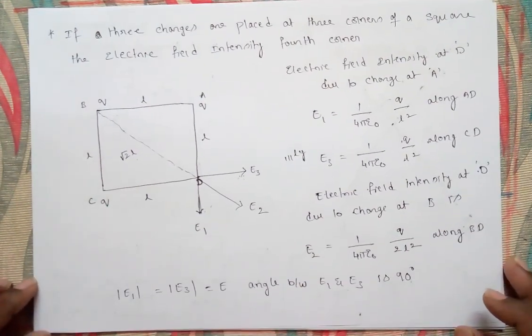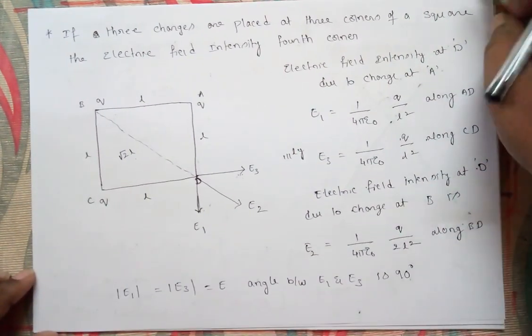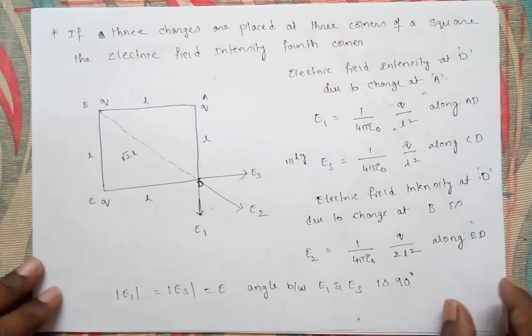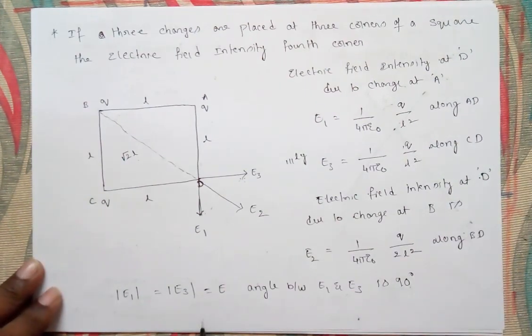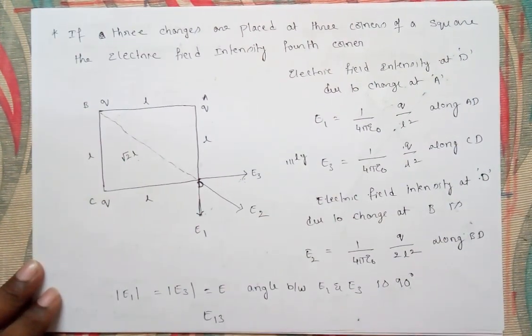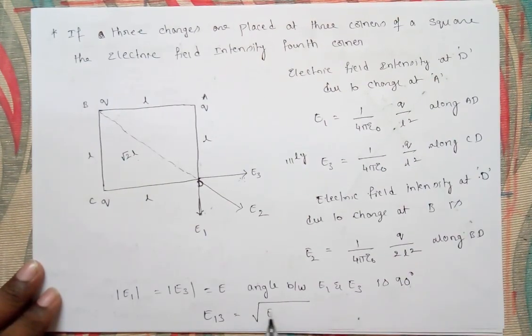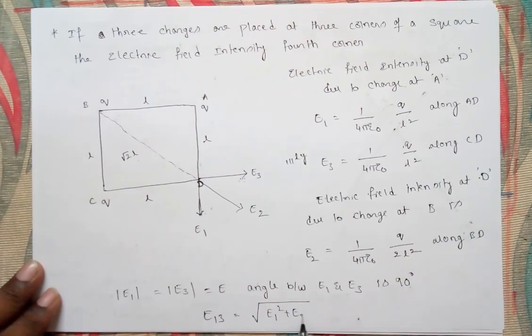If two equal vectors have an angle of 90 degrees between them, the resultant is the square root of E1 square plus E3 square, that is E13. Since E1 and E3 are both the same, it can be written as root 2 E, where E is either E1 or E3.